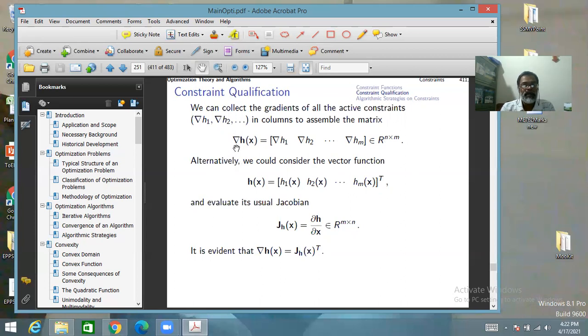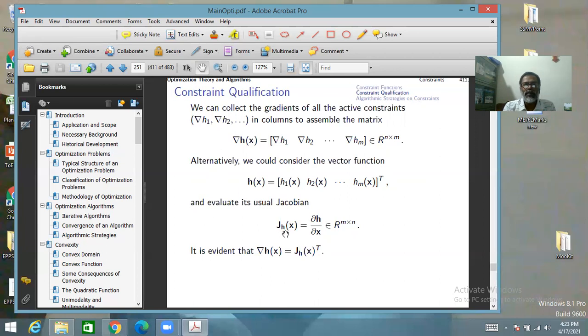First order derivative you can talk about in another way. You could have taken the constraint functions all together as a vector function, which is a column vector with h1, h2, h3 up to hm sitting as the entries. Since it is a column, that is transpose. And then you could say that now we evaluate its Jacobian. Vector function of a vector variable, so first order derivative will be Jacobian.